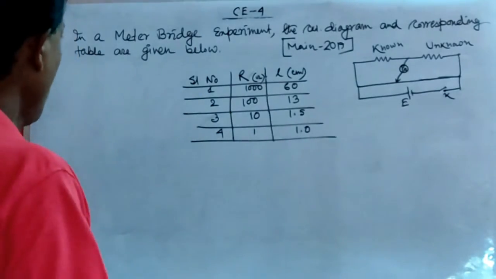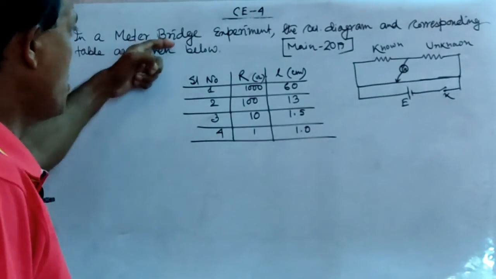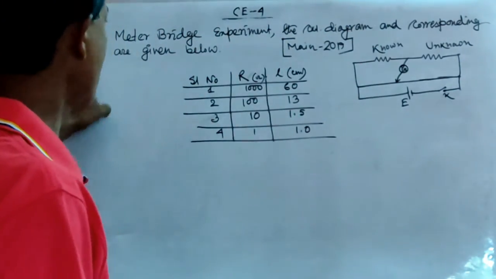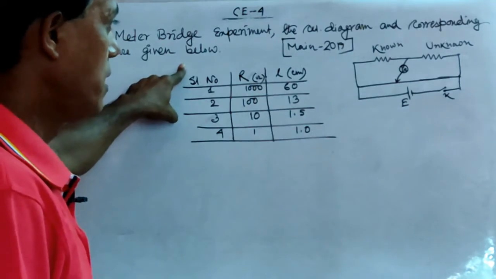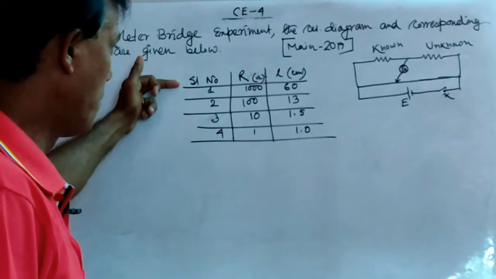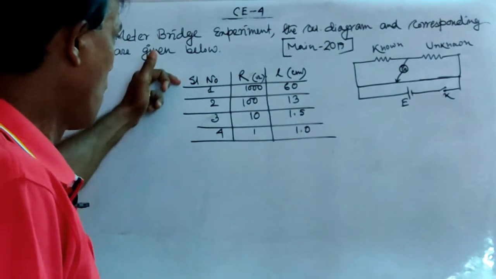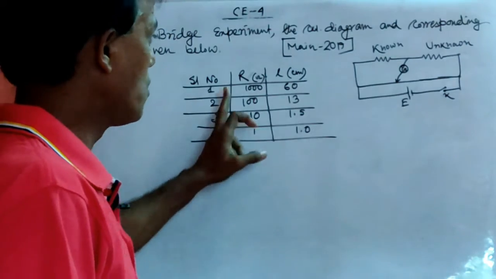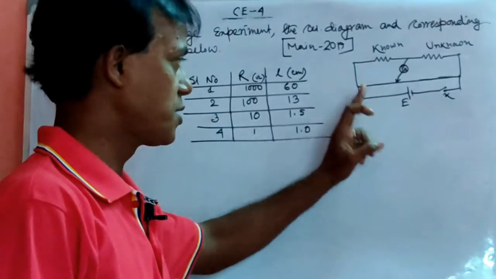Okay friends, the next problem is: in a meter bridge experiment, the circuit diagram and corresponding table are given below. This is the circuit for the meter bridge and their data sheet, and all these readings come from this experiment.